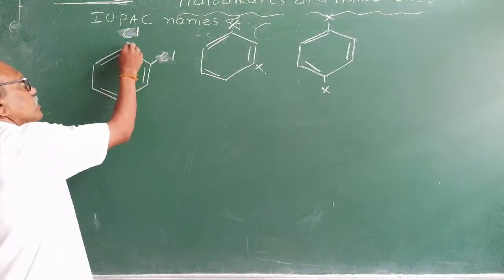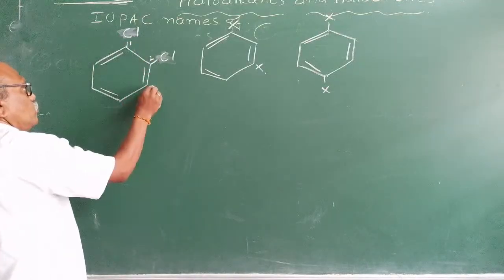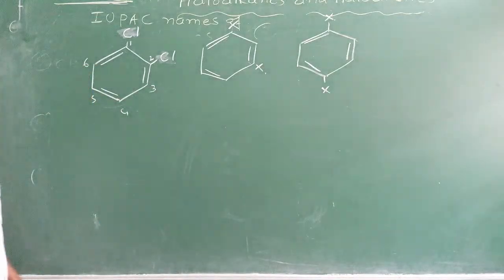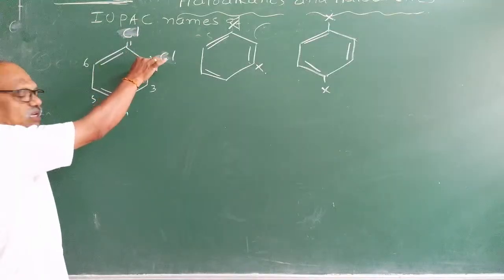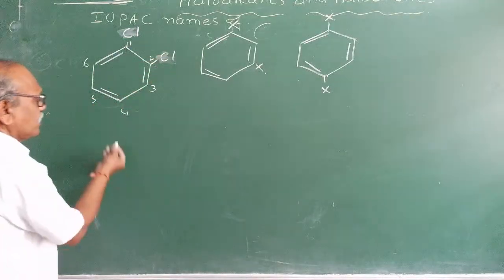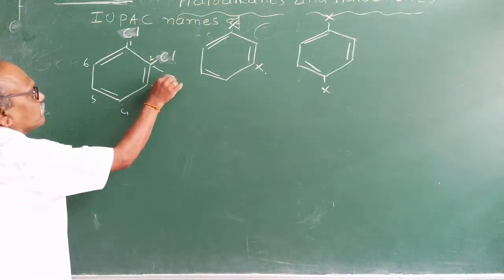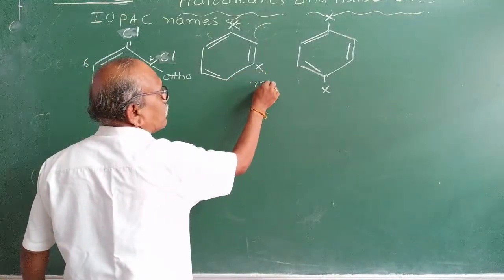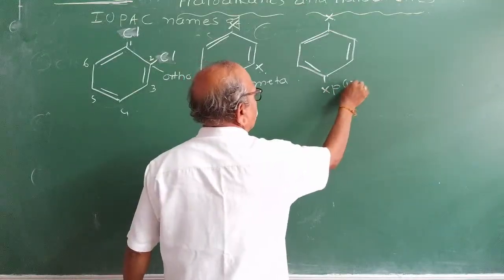If you number it from the top, you will get 1, 2, 3, 4, 5, 6. This 1, 2 position, very next to the main functional group, is called the ortho position. This position is called the meta position. This position is called the para position.